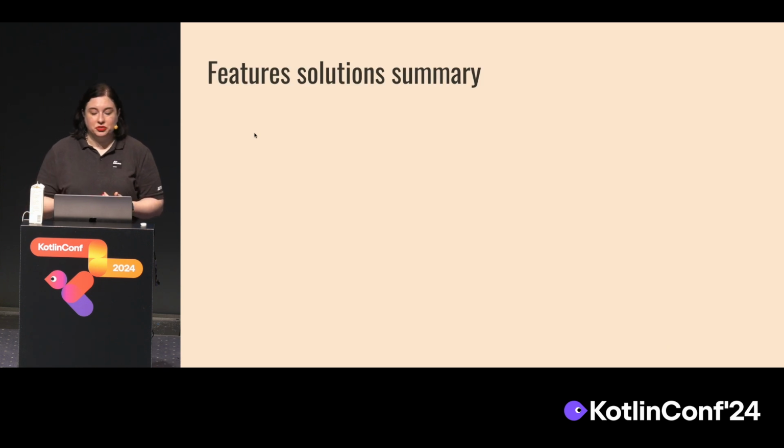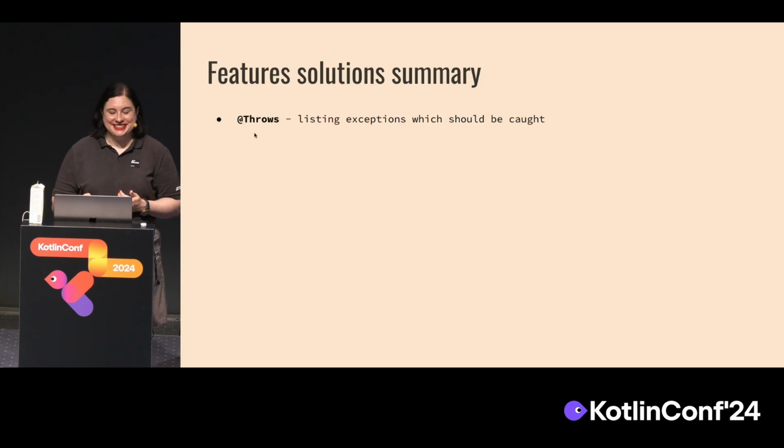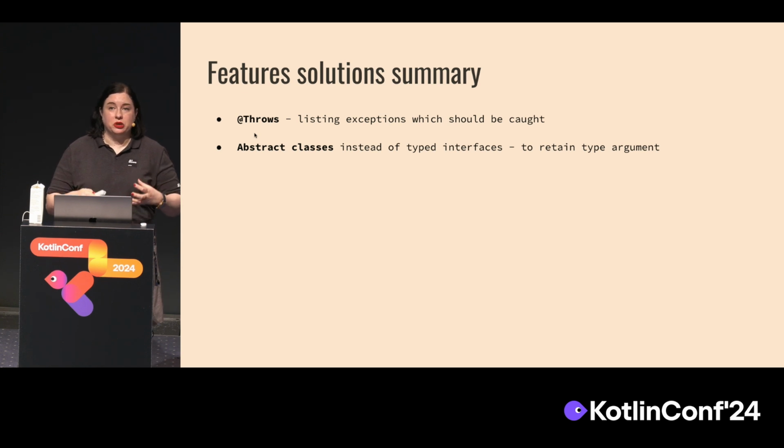So let's just summarize the features once again. We had throws, where we had to list our exceptions in order for them to be caught properly. We had abstract classes that we can use instead of typed interfaces to retain our type argument.